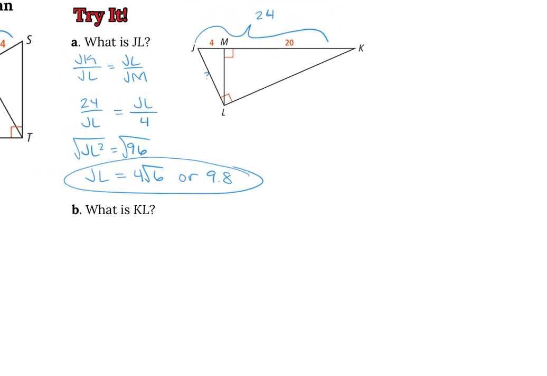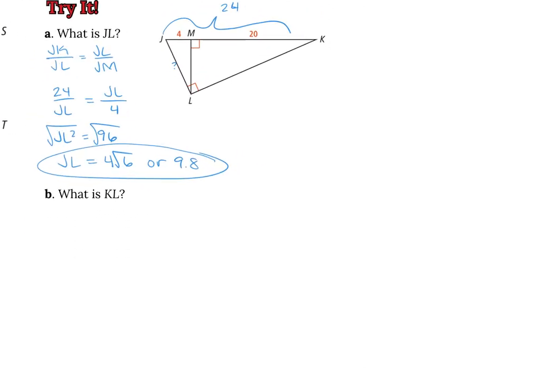Okay, next we're looking for KL. So KL, we're looking for the other side. So MK over KL equals KL over JK.